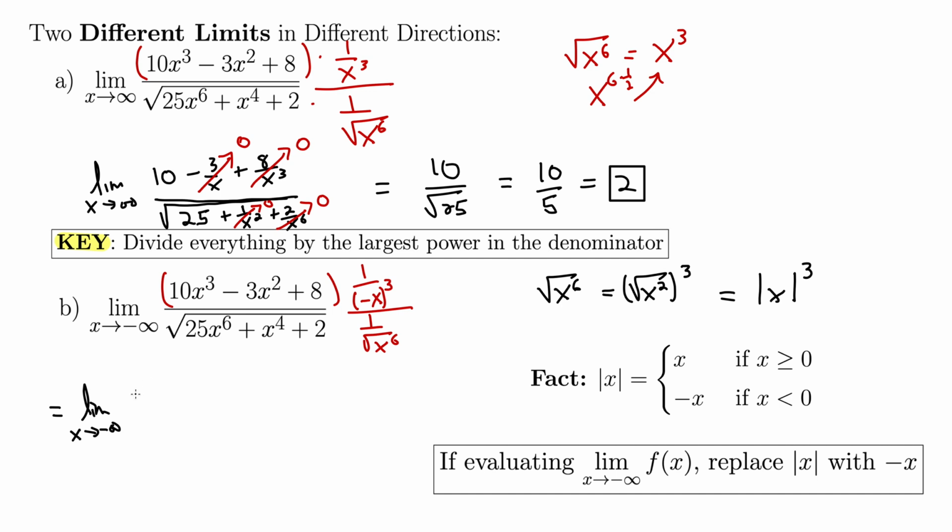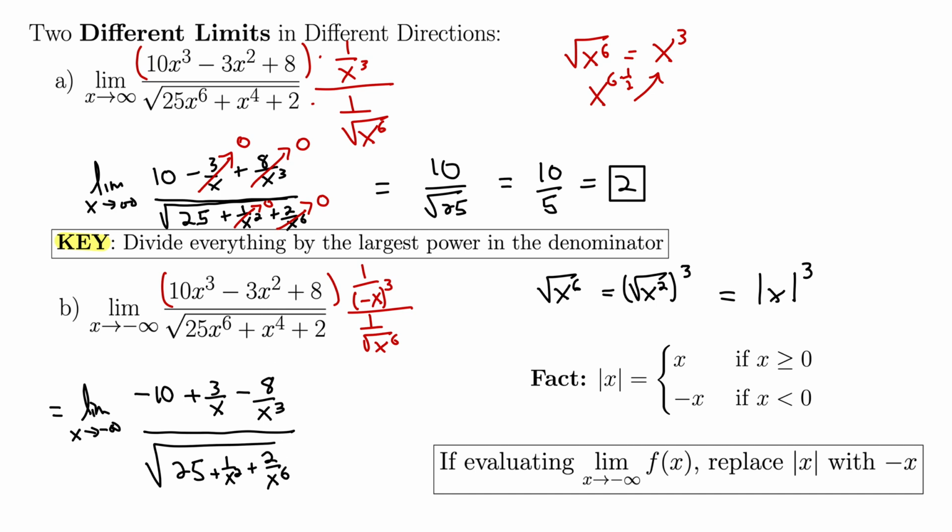That gives us negative 10, plus 3 over x, which won't matter, that term will drop out anyway, minus 8 over x cubed, that will drop out too, all over the square root of, and now it's the same as in part A, 25 plus 1 over x squared plus 2 over x to the 6th.